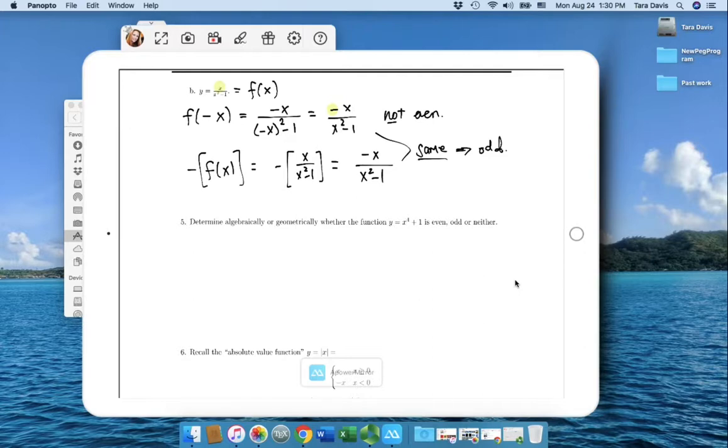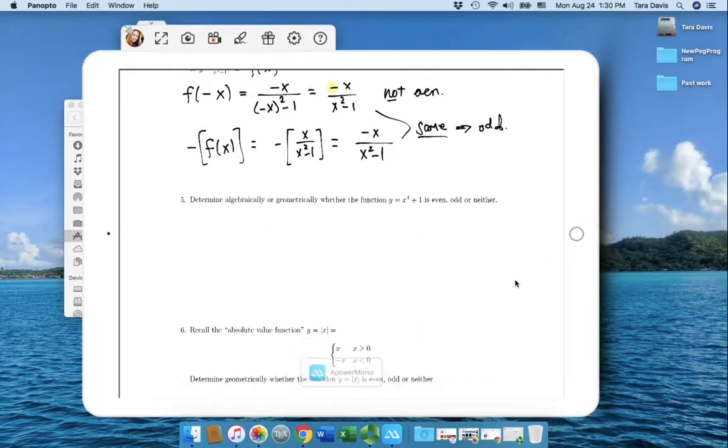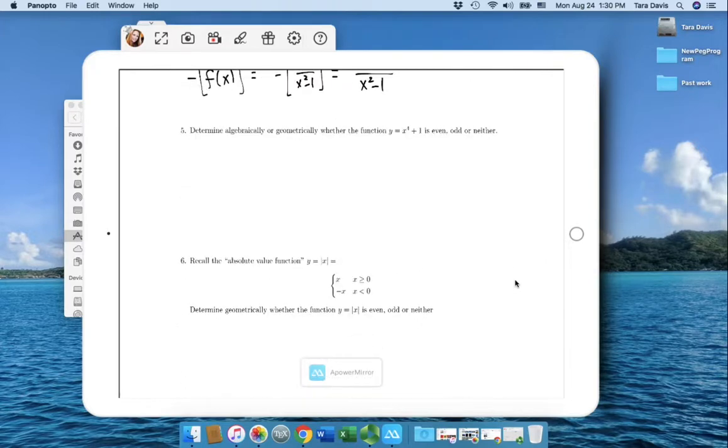Okay? Number 5, we're going to determine whether y equals x to the 4th plus 1 is even, odd, or neither. So I know that f of x is given to be x to the 4th plus 1. Let me check if it's even. F of negative x is negative x to the 4th plus 1.